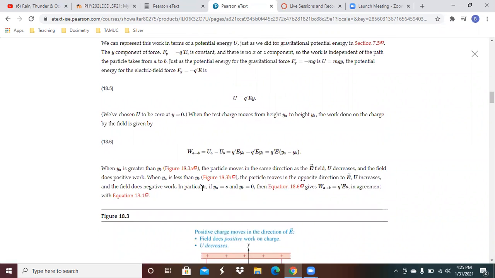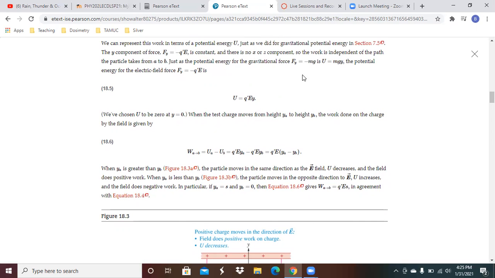So you can represent this work in terms of a potential energy, just like we did for gravitational potential energy. The Y component of the force is going to be equal to minus Q prime E, and that's going to be considered constant, no X or Z component. Work is going to be independent of the path the particle takes.